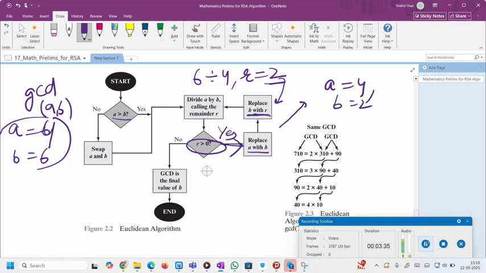Now we divide them again. 4 divided by 2 is 2 and the remainder is 0. Is R greater than 0? No, it is 0. So the GCD is the final value of B, which is 2.